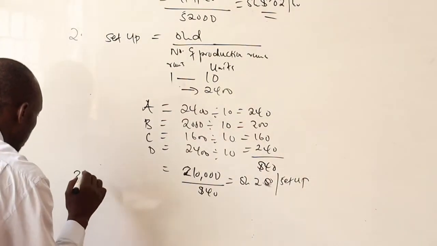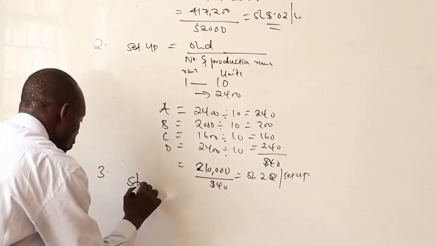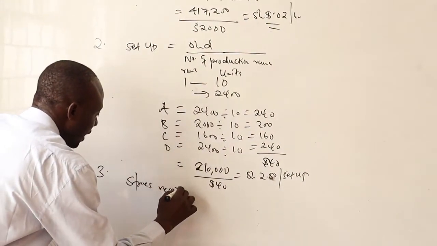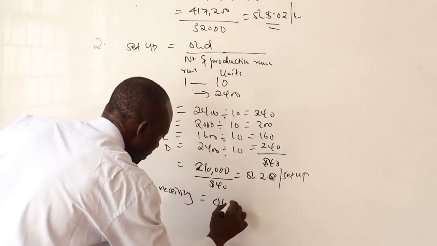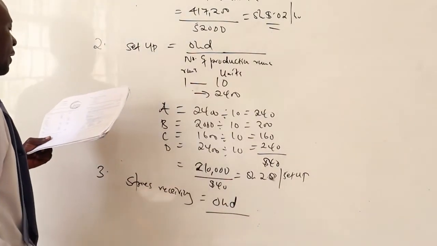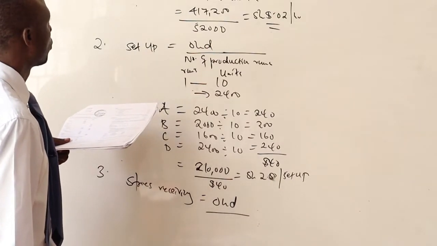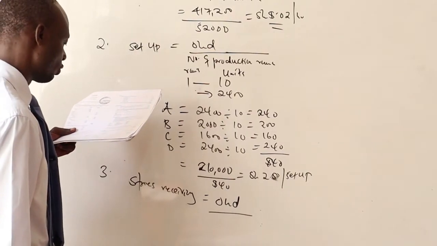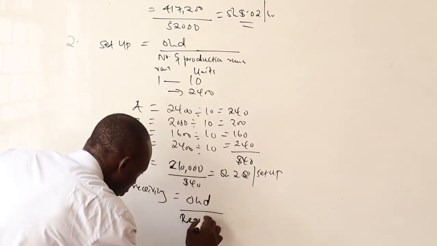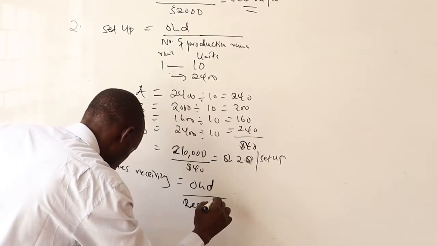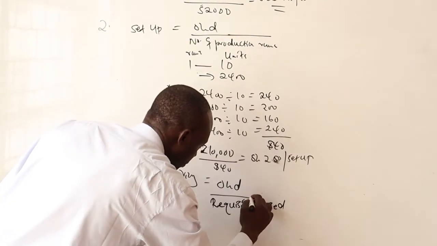Then number 3 here, we are going to determine store receiving. That is the third activity. So it will be overhead over the cost driver base, and the cost driver here is requisitions raised.